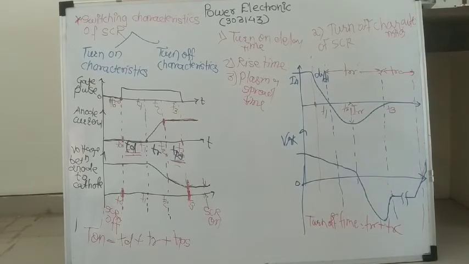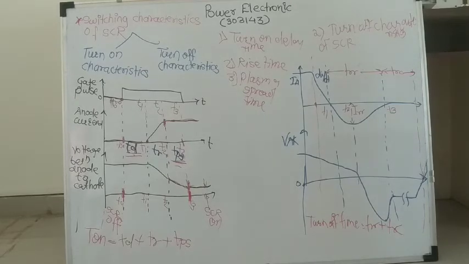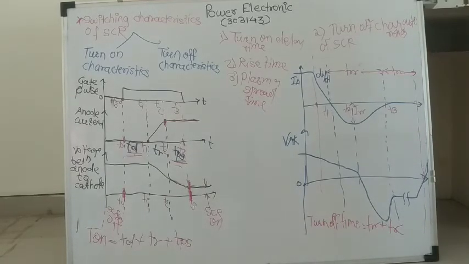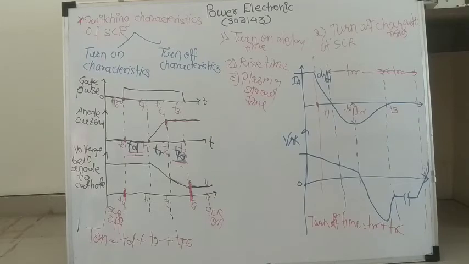To avoid this, the turn off time, that is TQ, is the sum of reverse recovery time plus recombination time.